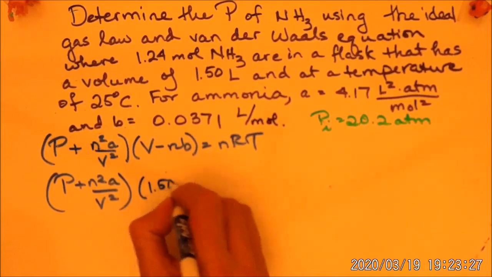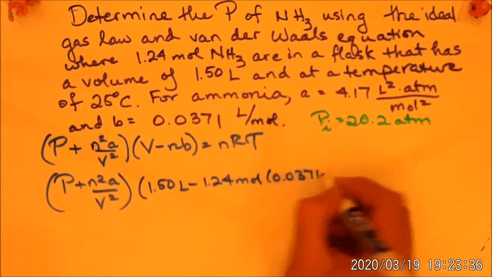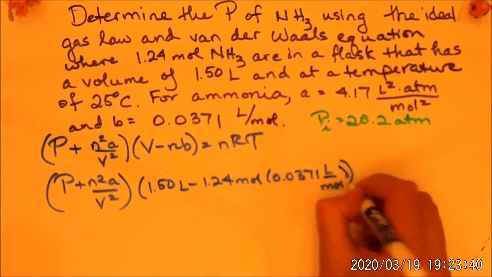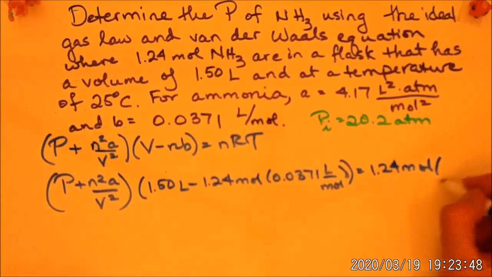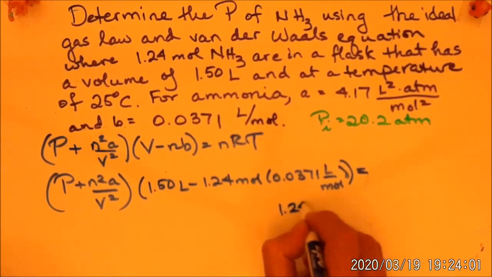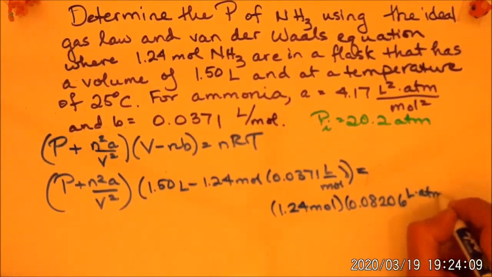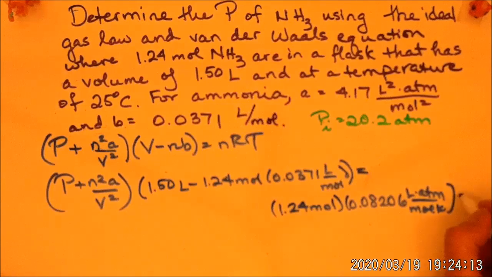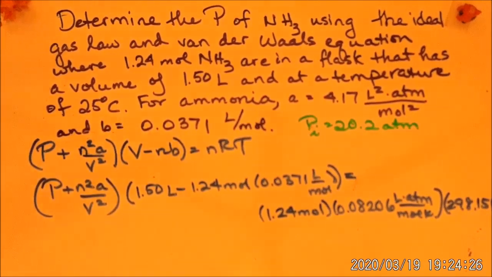So this is 1.50 liters minus 1.24 moles times 0.0371 liters per mole, is equal to, I'll put it right underneath, 1.24 moles times 0.08206 liter atmosphere per mole Kelvin, times 298.15 Kelvin.